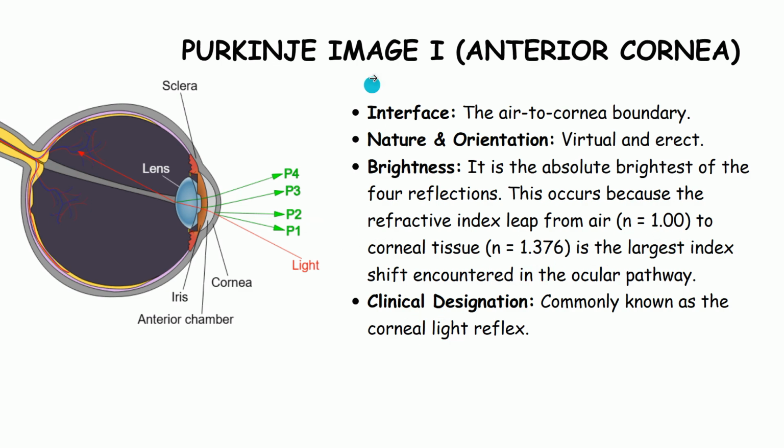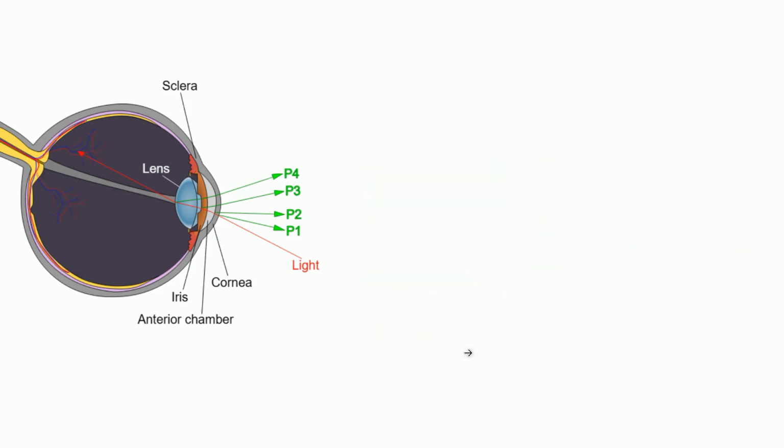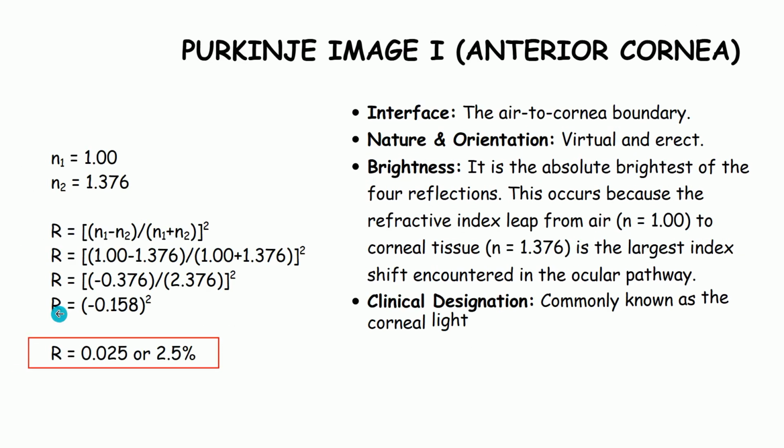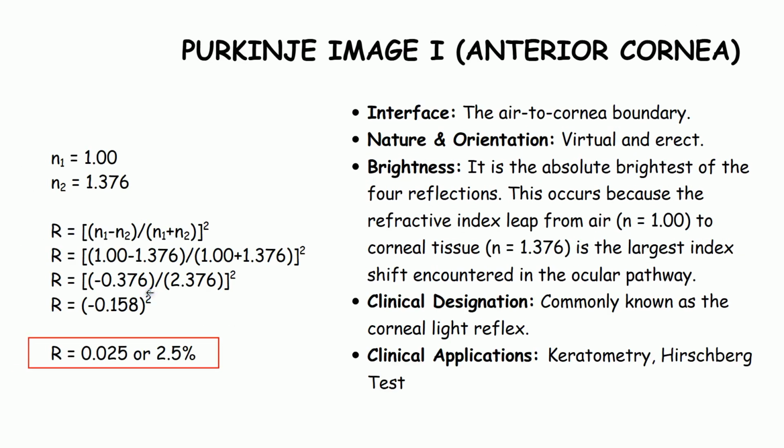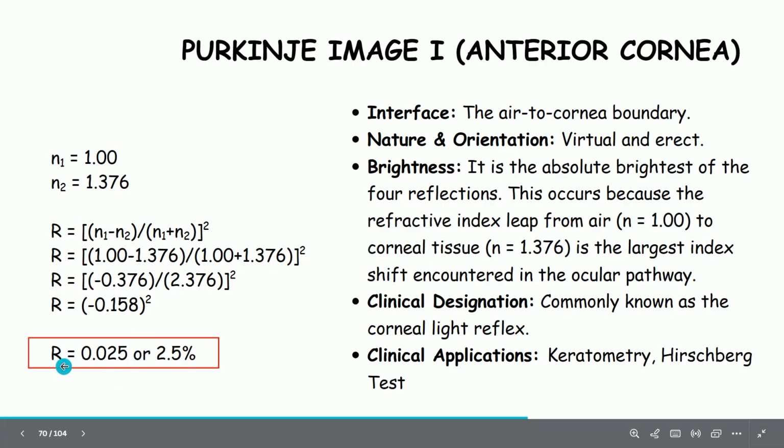And then this Purkinje Image 1 is also known as the corneal light reflex, which is used in the Hirschberg. So, why can we say it is the brightest? It is because we apply our learnings earlier from the Fresnel reflection. We simply substitute our values and R will be equal to 2.5%.